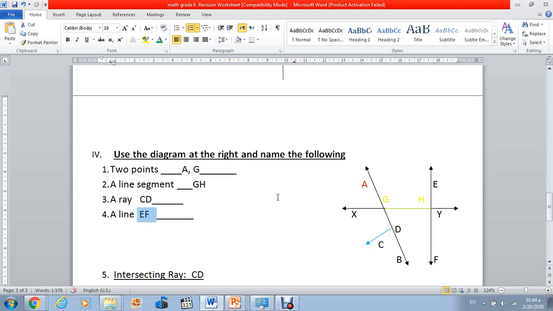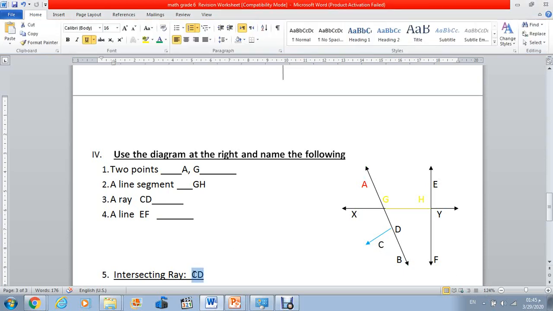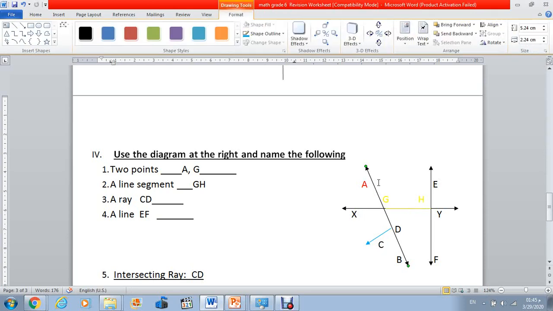Now it asks for an intersecting ray. Do we have any other ray here except this one? We have CD, it's a ray, and it's intersecting with AB. So an intersecting ray is CD. What about an intersecting line? An intersecting line is AB and it's intersecting with XY, right? And with EF. Why EF?